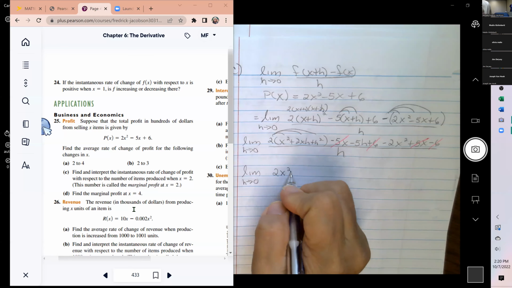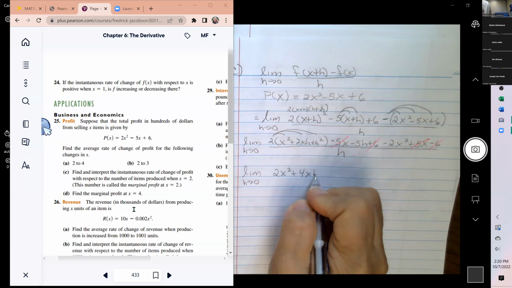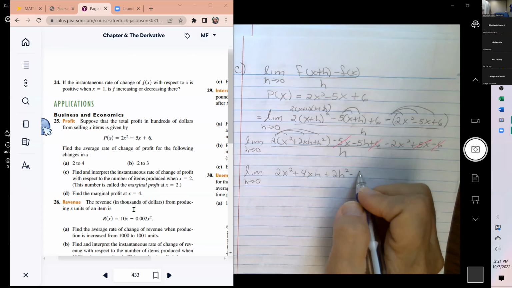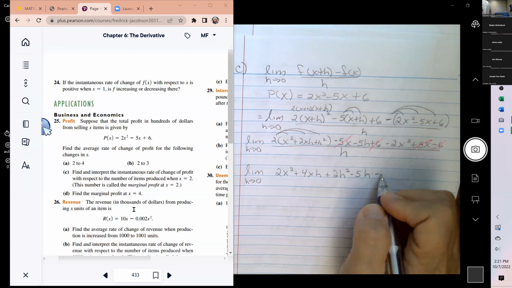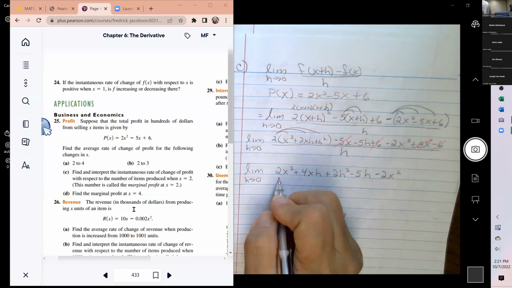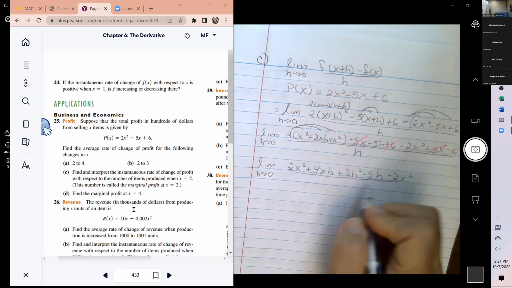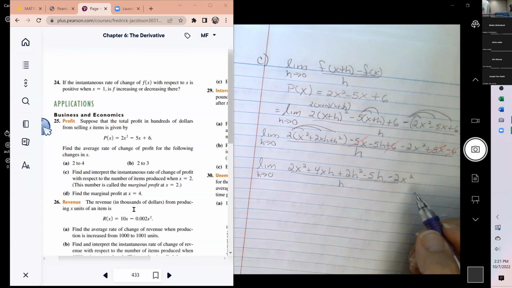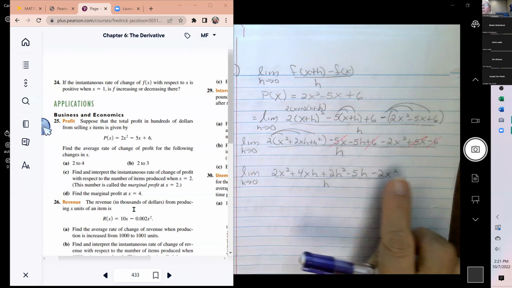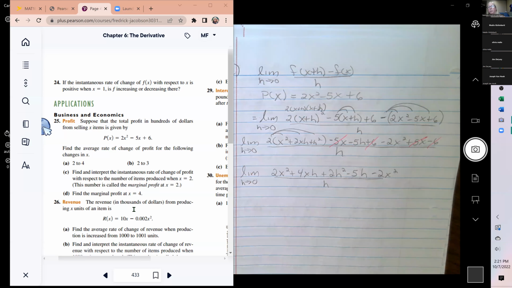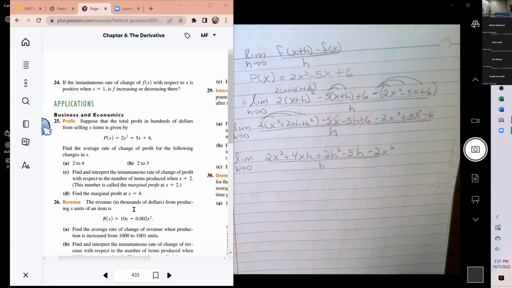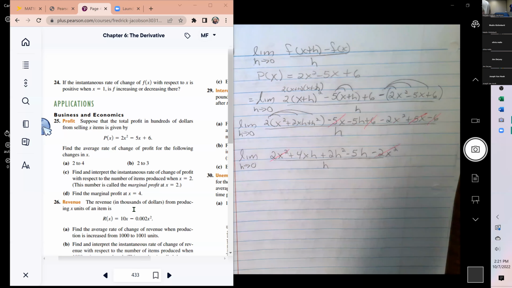Two x squared plus 4xh plus 2h squared minus 5h minus 2x squared all over h. And you're not done until that original h in the bottom gets canceled. When you reduce the top completely, there should only be terms with h's in them. Notice now the 2x squareds cancel.